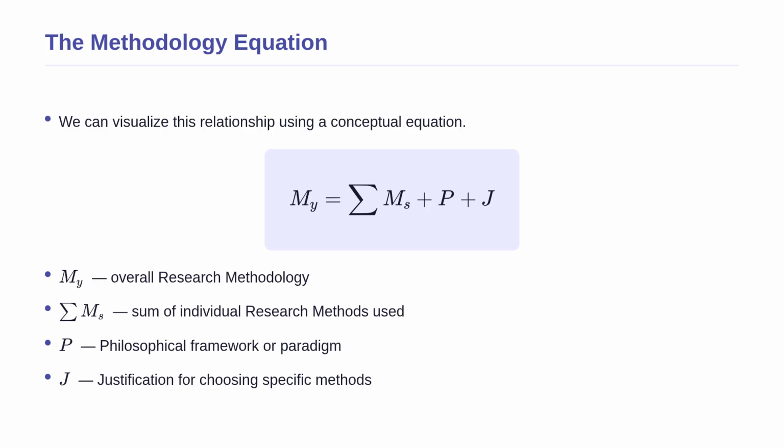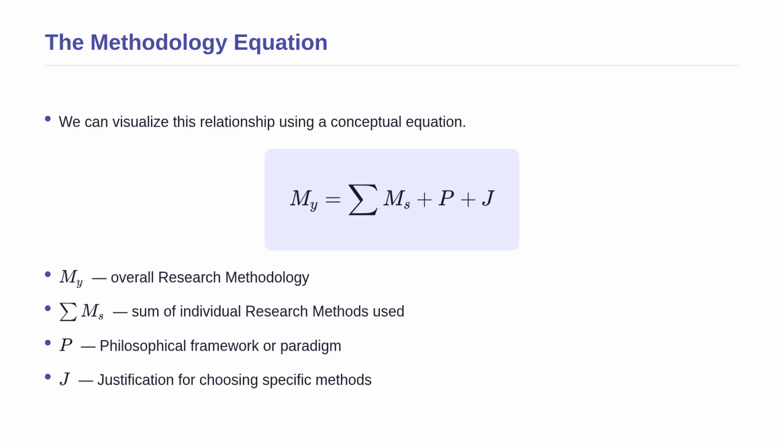To truly understand how these concepts interact, let us represent their relationship using a conceptual mathematical equation. While methodology is theoretical, framing it as an equation helps us visualize its components. The formula is M = ΣMs + P + J. Here, M represents the overall research methodology.